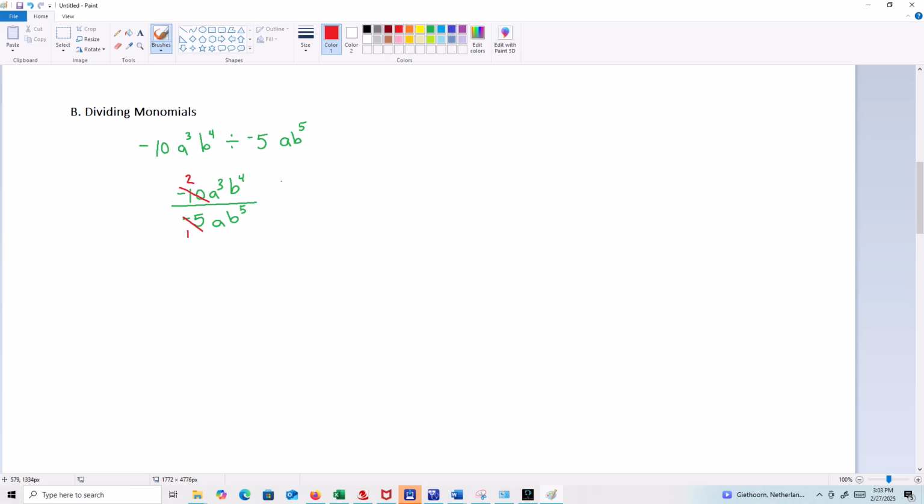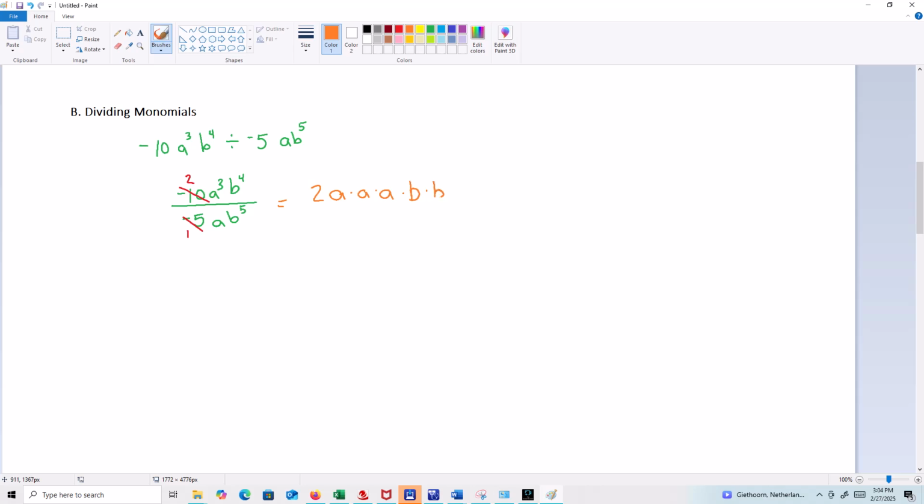Now, I'm going to rewrite this in case it would possibly be confusing to somebody. This 2a cubed b to the 4th is 2 times a times a times a. I think I said a 3 times there. And then we need to do it times b 4 times.